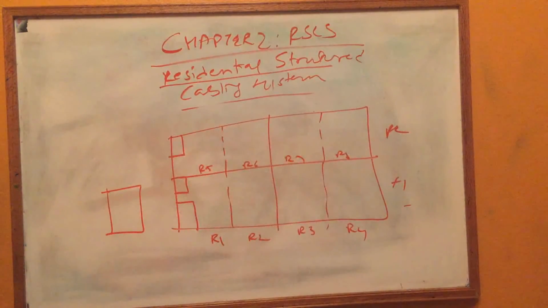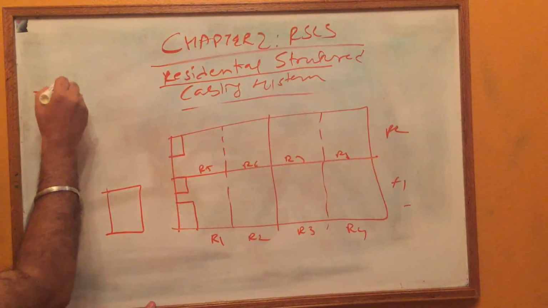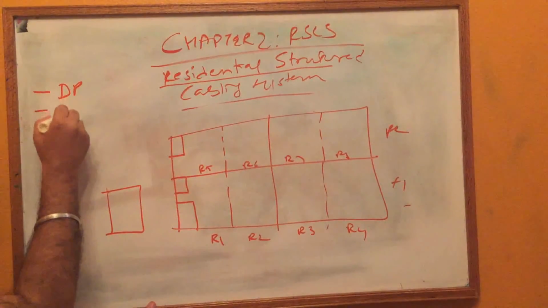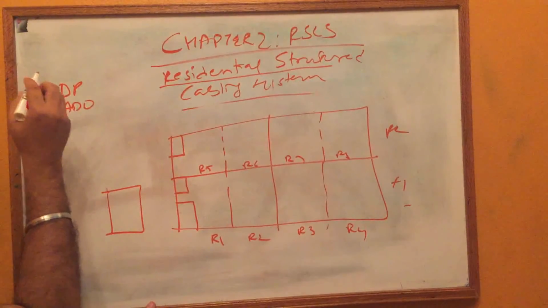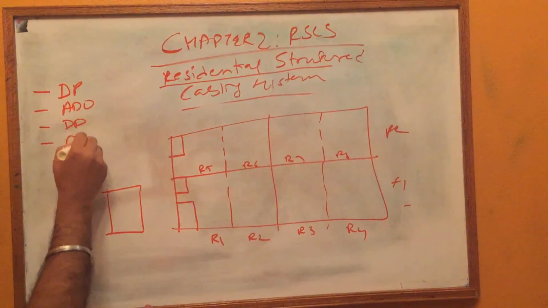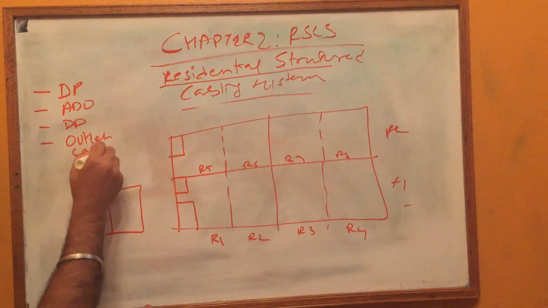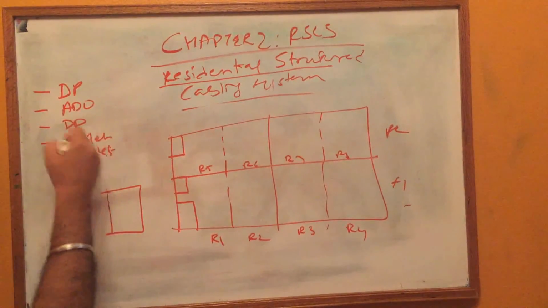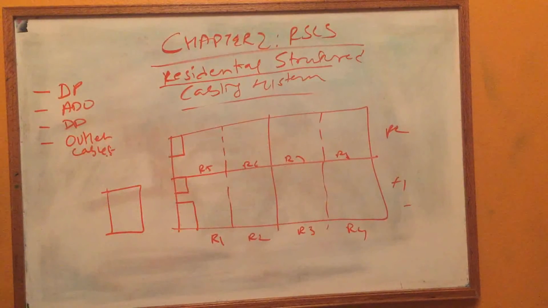So this is a pretty big installation that will help you understand all of these components. Just as a reminder, we talked about DP, which is distribution point. We talked about ADO, auxiliary disconnect outlet. We talked about DD, distribution device, and then we talked about outlet cables, or for now you can say only the cabling part of it, right?